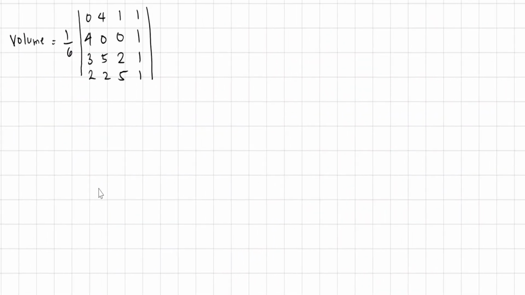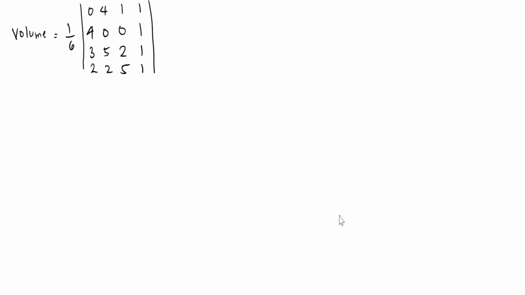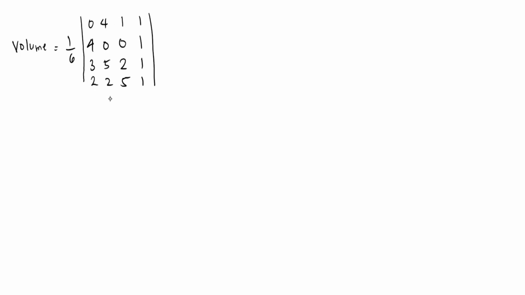Okay, so let us move it in here. Now let us solve this determinant. So that is equal to 1 over 6 times, we'll do the expansion in the second row because we have the most zeros here.